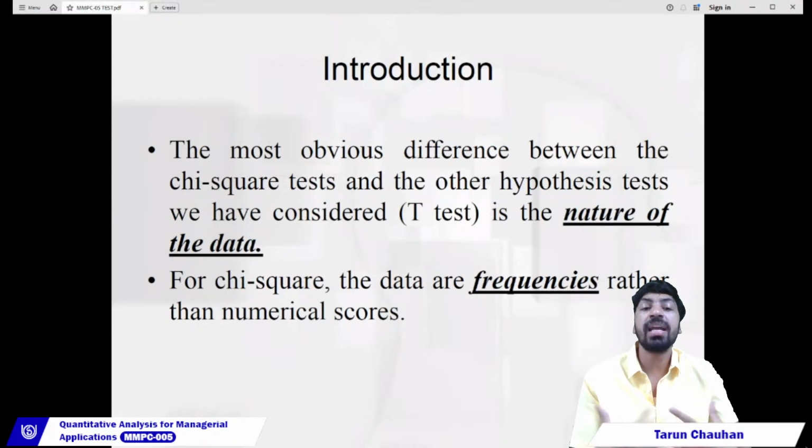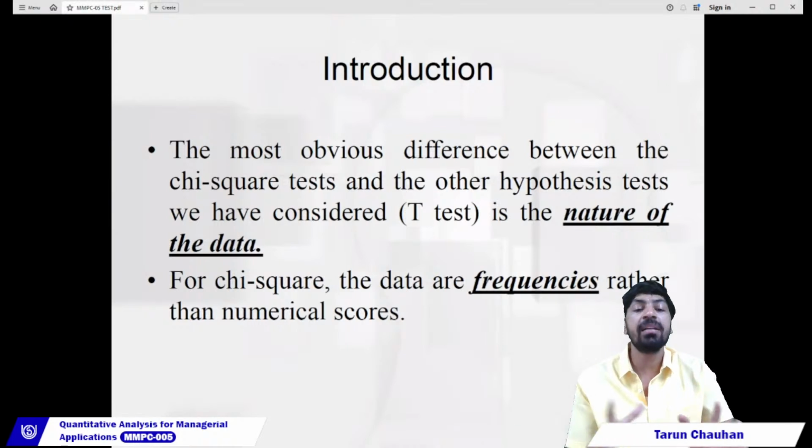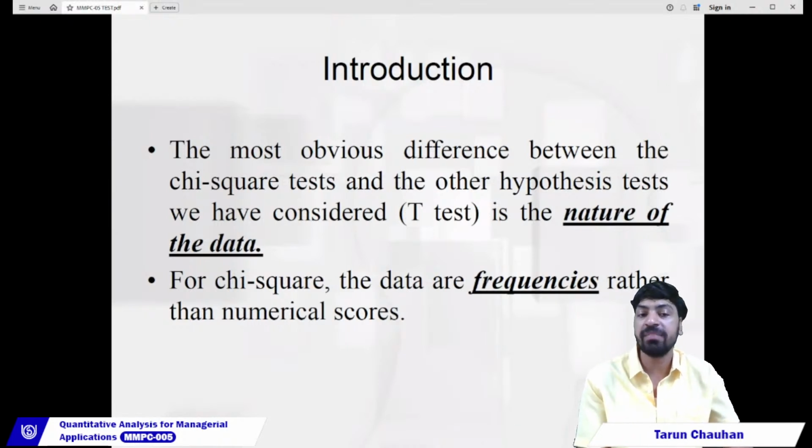We can also find out the relationship between age and the awareness level. We can also test the association between the perception level and other demographic variables like occupation, student, age, etc.